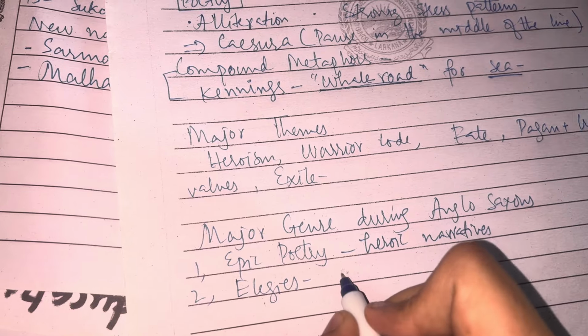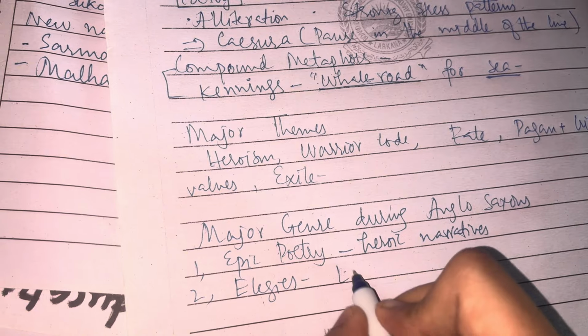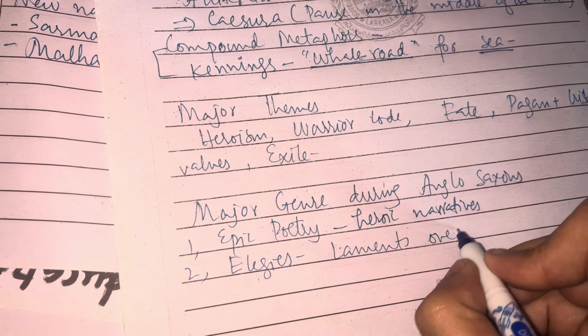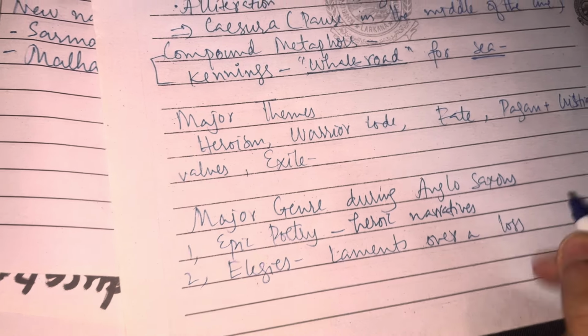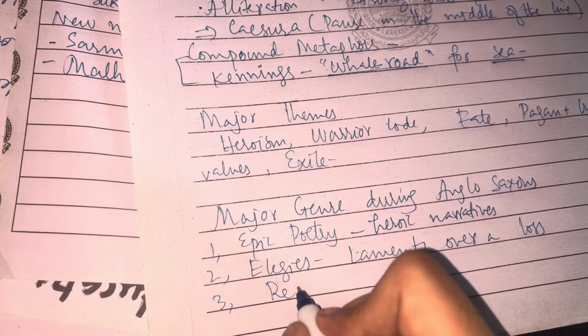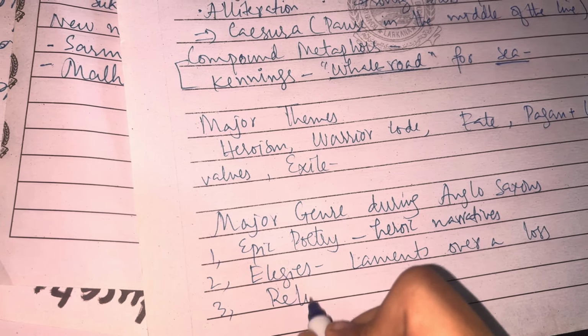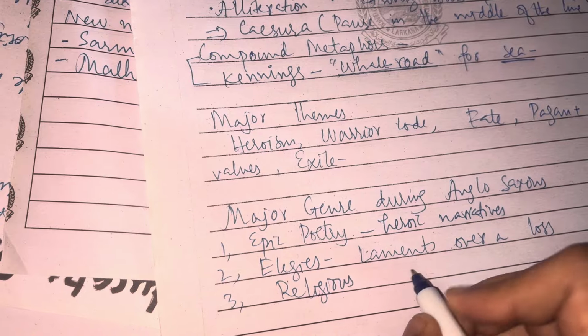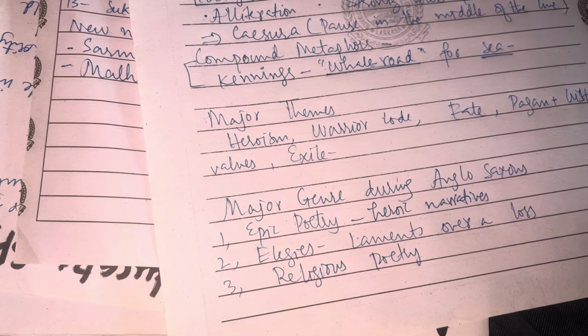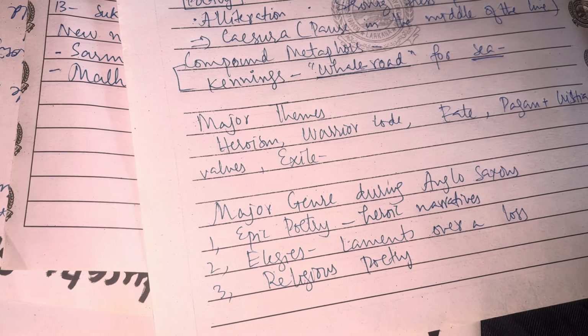Elegy is a form of lamentation, sorrow over a loss. And religious poetry was also written in this particular period, and the major religion during this period was Christianity.